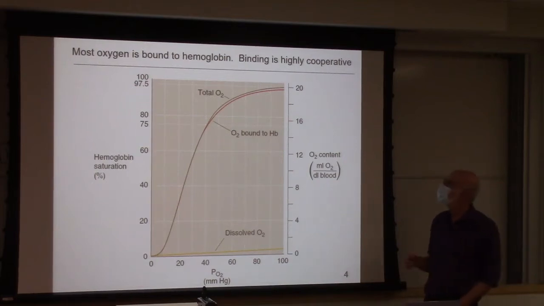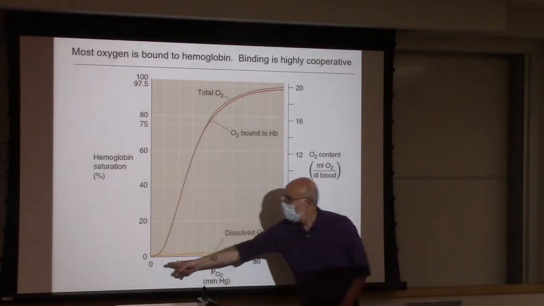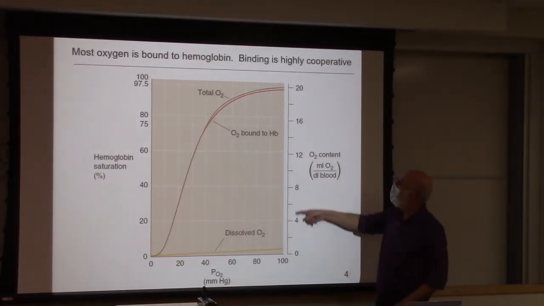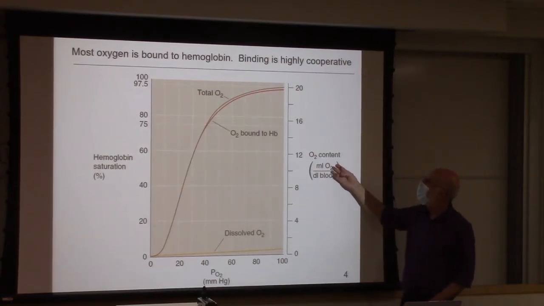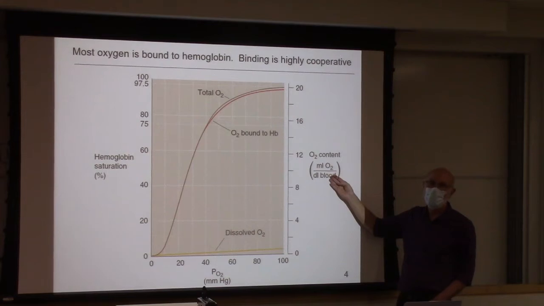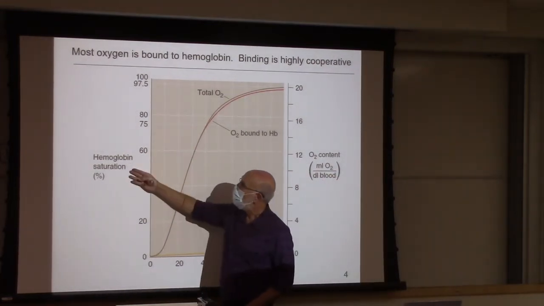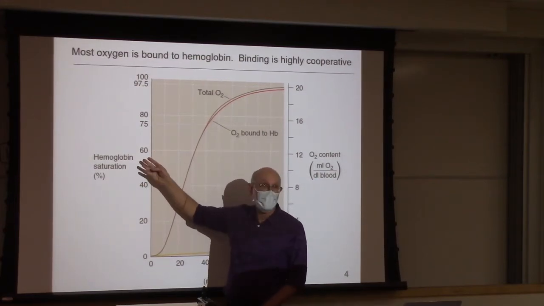This is important. So let's get oriented. This is partial pressure of oxygen. This is the oxygen content in mils of oxygen per volume of blood. This is the percent of hemoglobin that is saturated with oxygen.